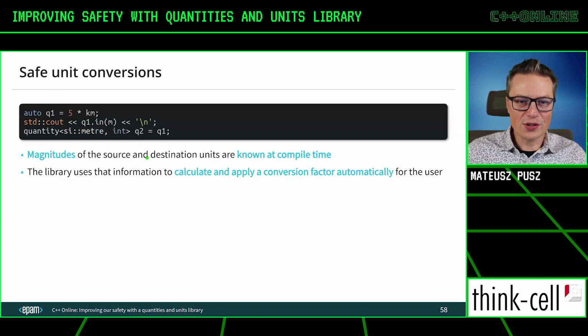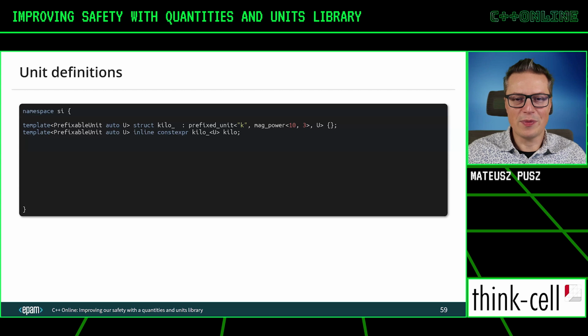As magnitudes of the source and destination units are known at compile time, the library is able to provide those conversions for you implicitly in such cases. So you don't have to care about it and basically use some magic numbers or remember even about this. Right? For example, the kilo prefix has information that it is a magnitude of power of 10 to the power of 3.